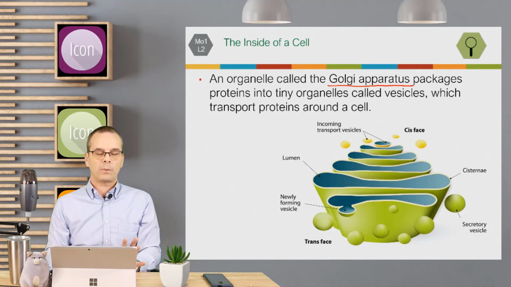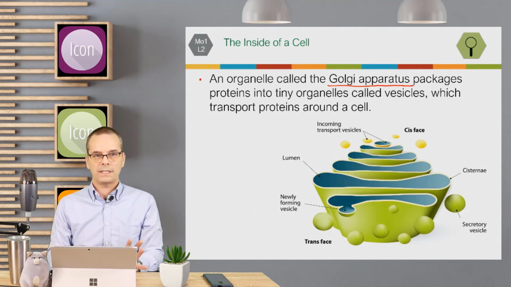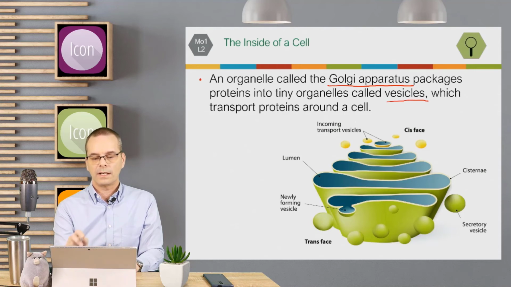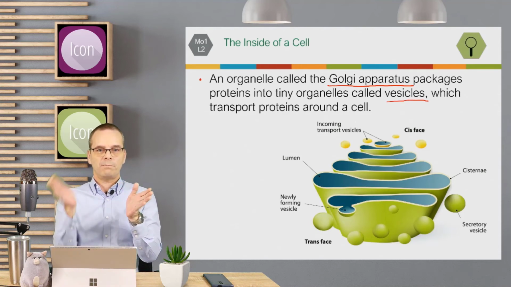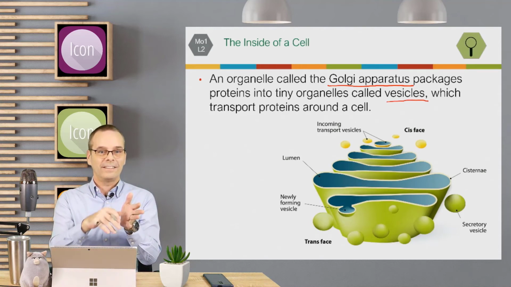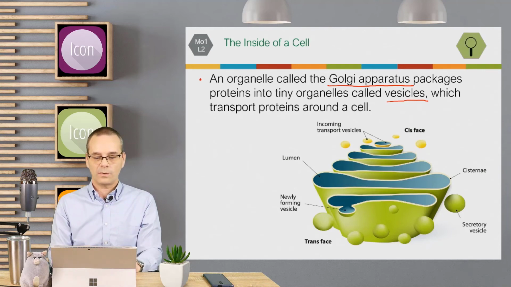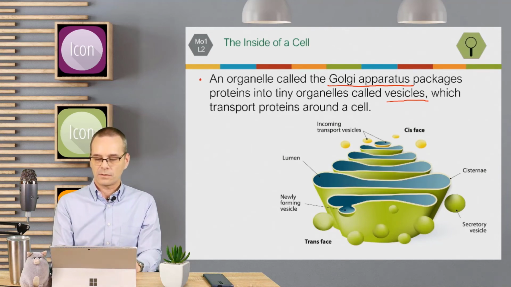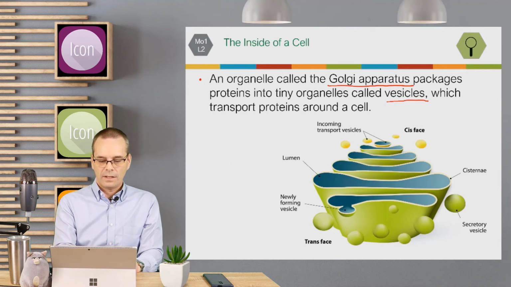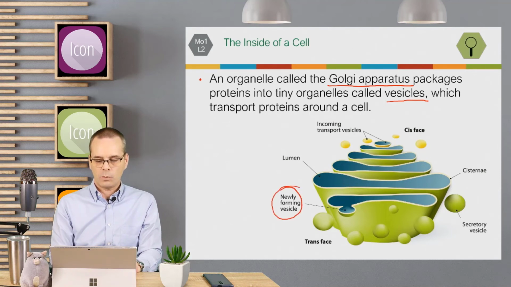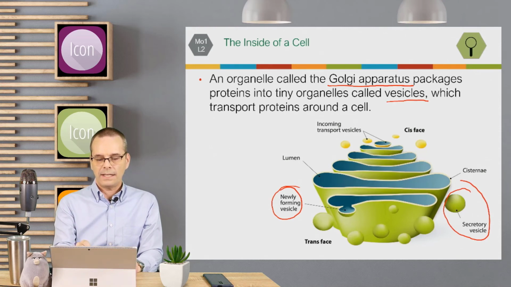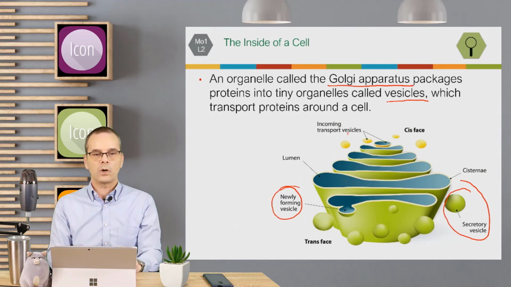The Golgi apparatus packages proteins into tiny organelles called vesicles. It basically takes all the protein and packs it in, like putting it in a bag. There's one that's just being formed, and there's one that's been released. These are incoming proteins. So that's what the Golgi does.